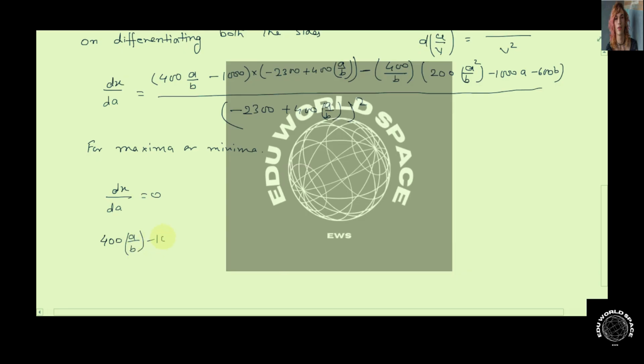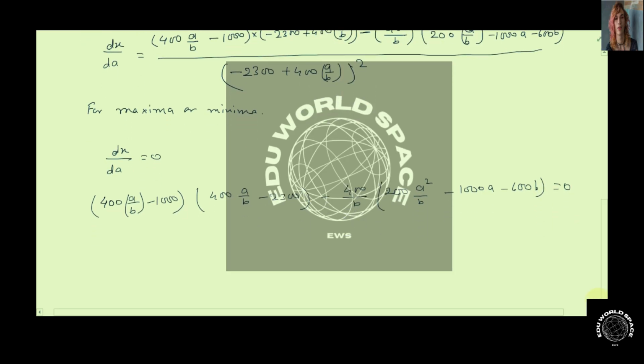400 A by B minus 1000 multiplied by 400 A upon B minus 2300, minus 400 upon B into 200 A square upon B minus 1000 A minus 600 B, equals 0.